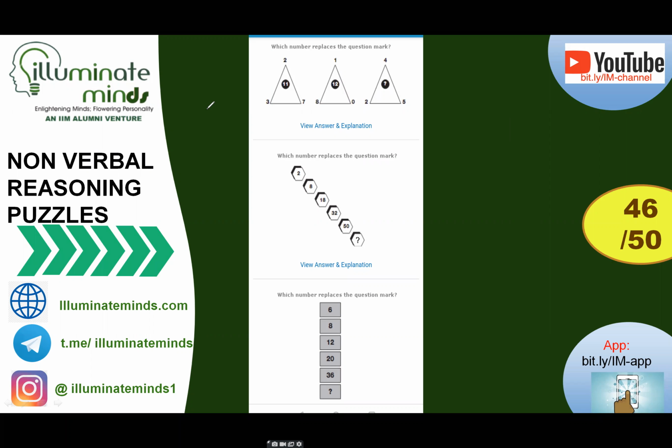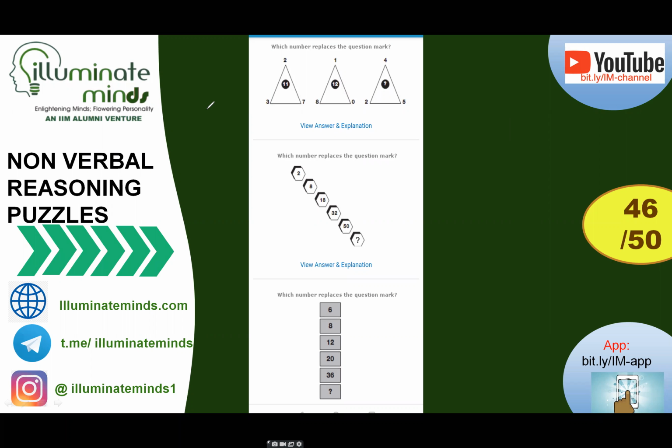These numbers are nothing but the squares of each of these perfect squares being multiplied with 2. The correct answer is 72. 1 square, 1 into 2 is 2, 4, 2 square, 4 into 2, 8, 6 square, 36 into 2 is equal to 72.